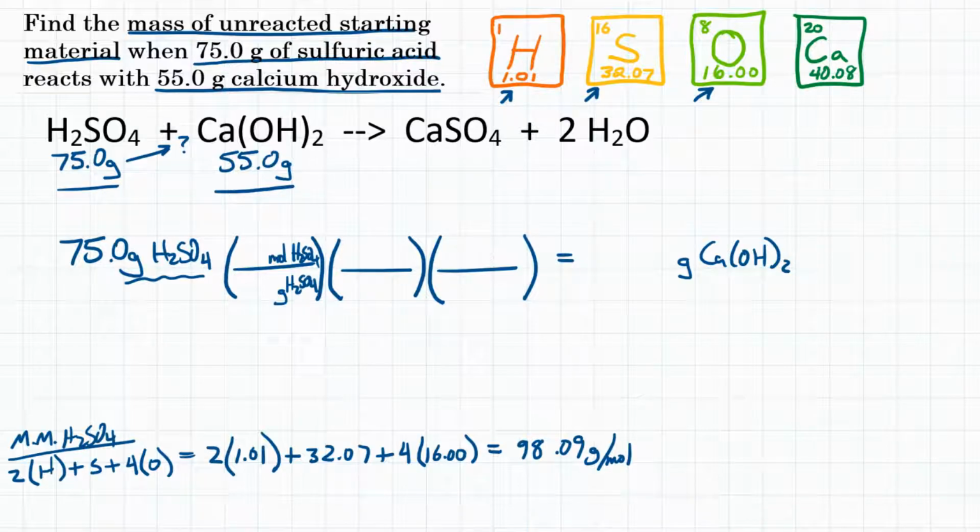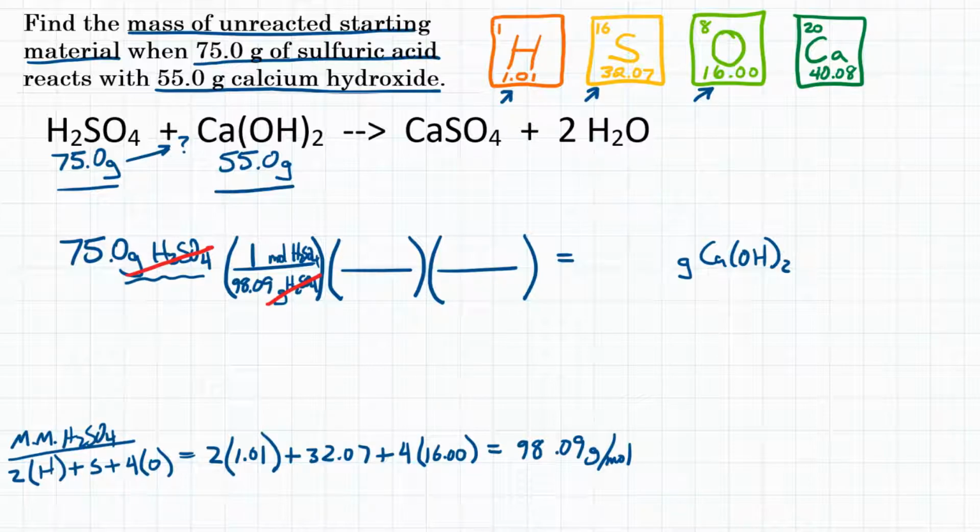So that is what we put into our first conversion factor, where we flip it and have 1 mole on top and 98.09 grams on the bottom. And that will make it so that our grams of H2SO4 cancel. Then we can move on to the second conversion factor, which is our mole ratio.